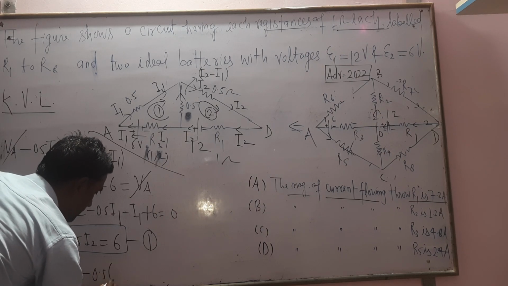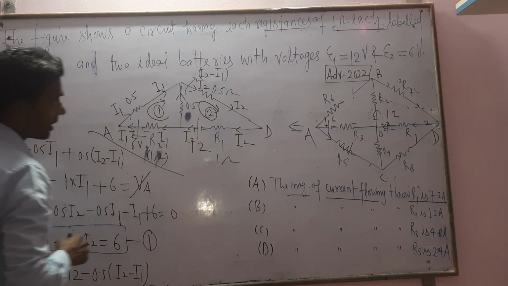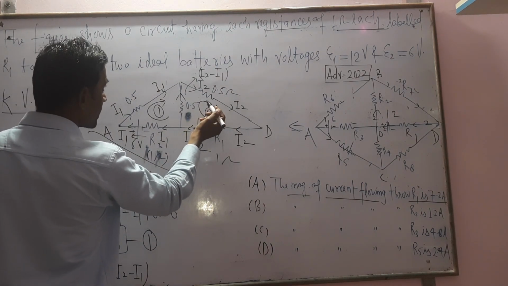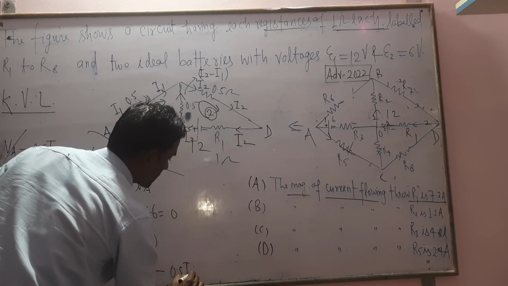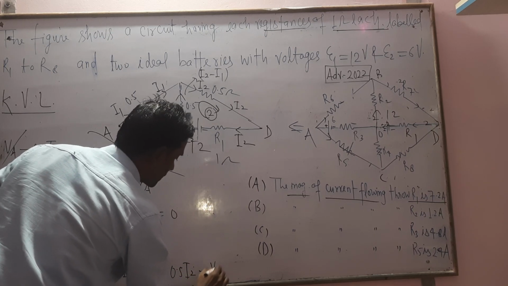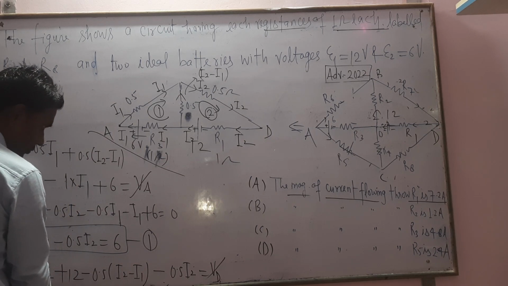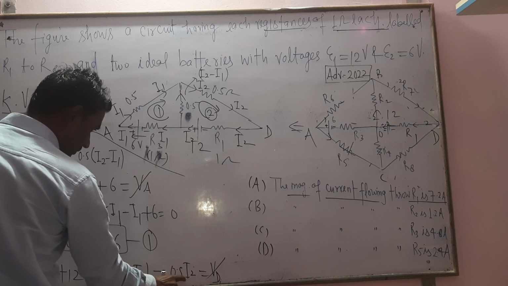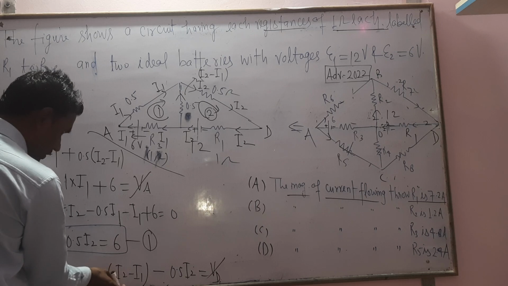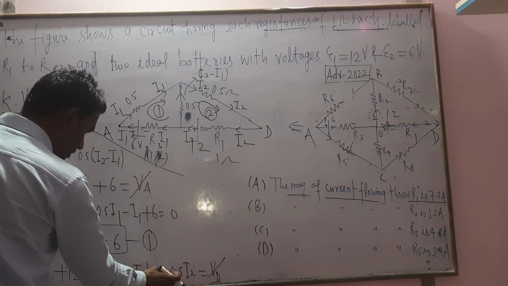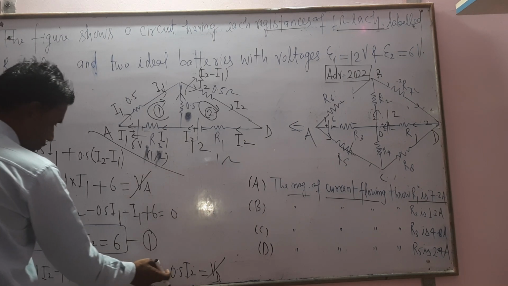So minus 0.5 into I2 minus I1, and VD cancels out, giving minus I2 and minus 0.5 I2 terms, so minus 2 I2.